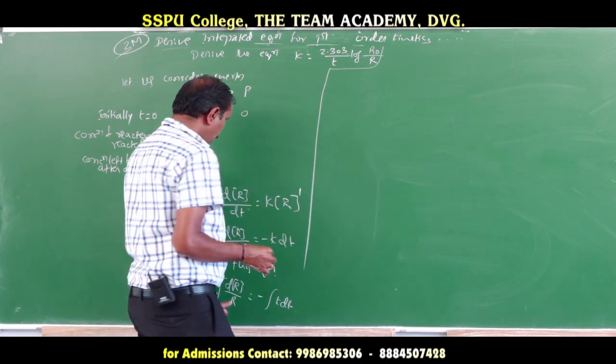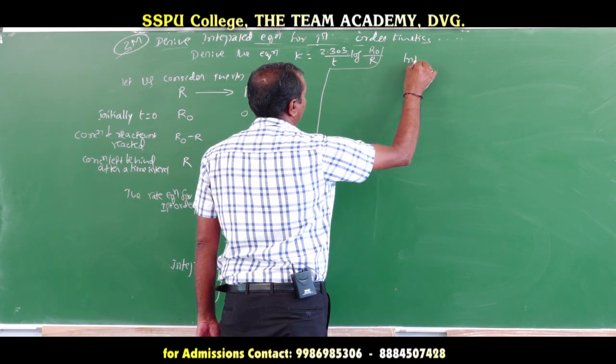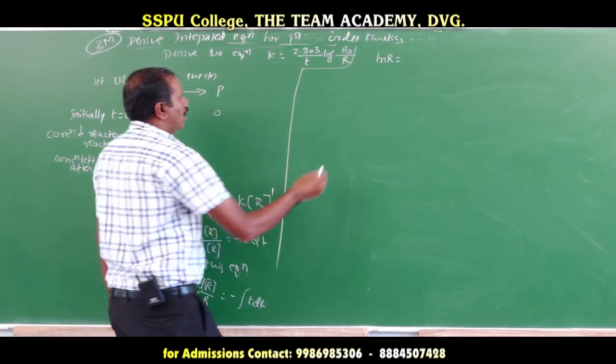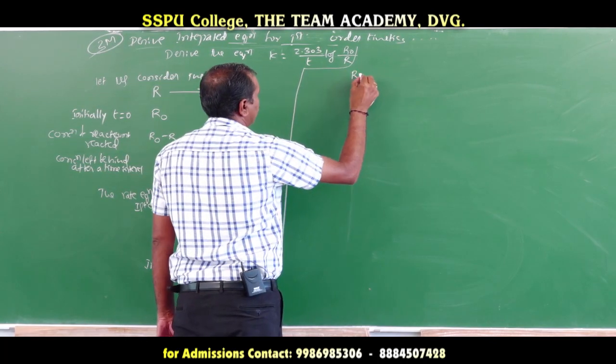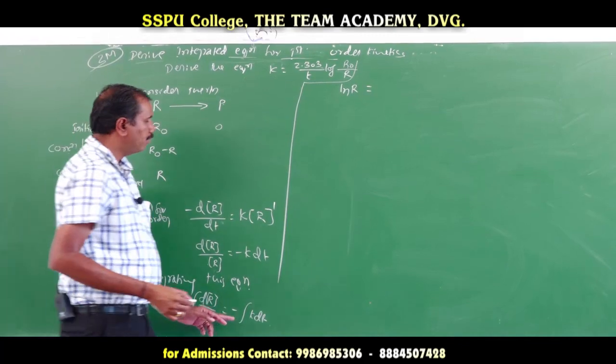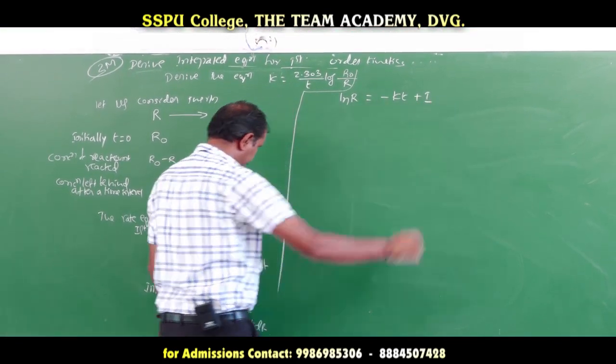The integration of dR by R is ln R, that equals minus kt plus I.